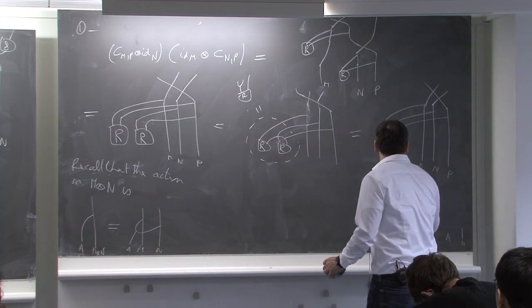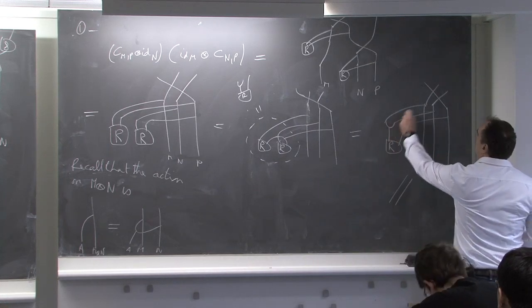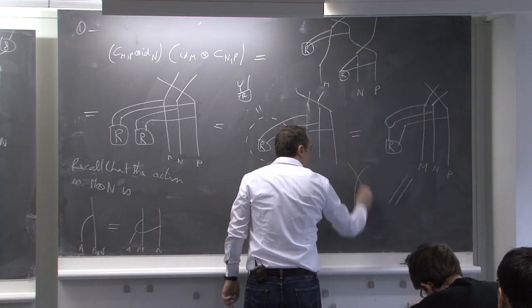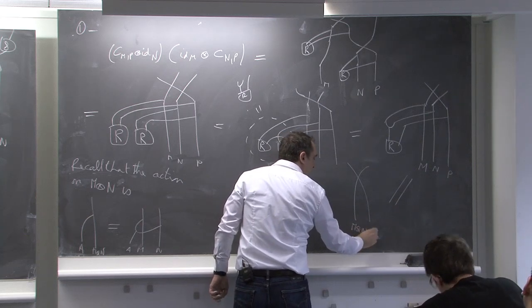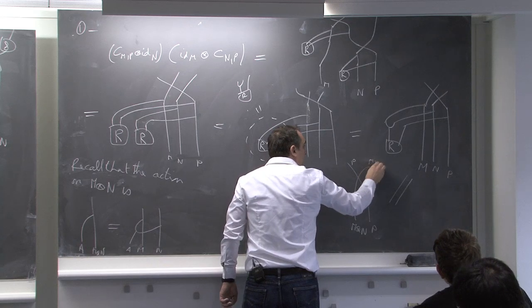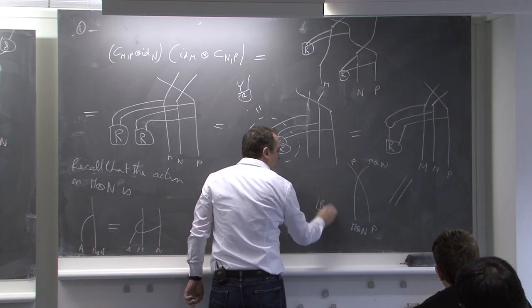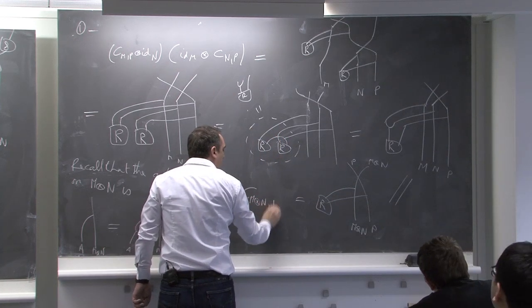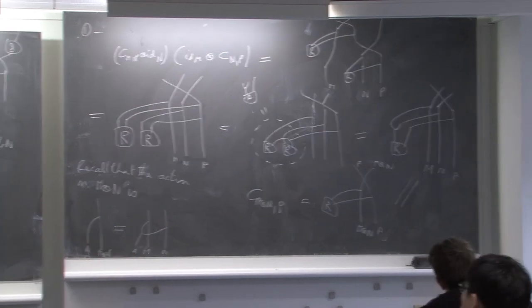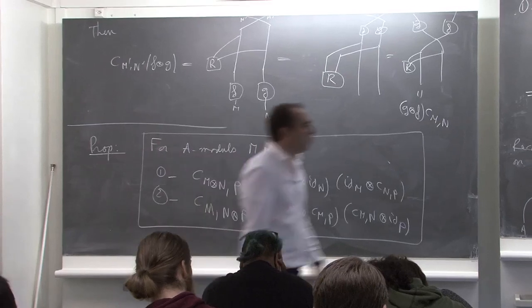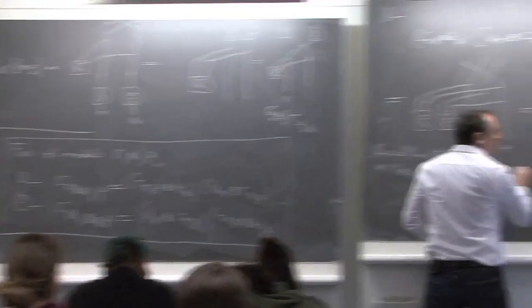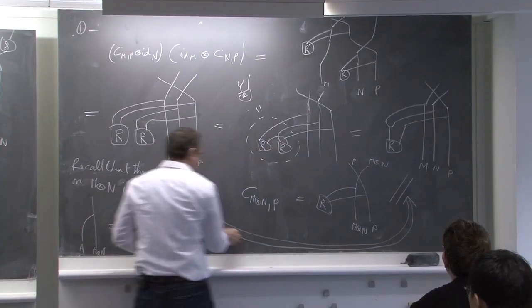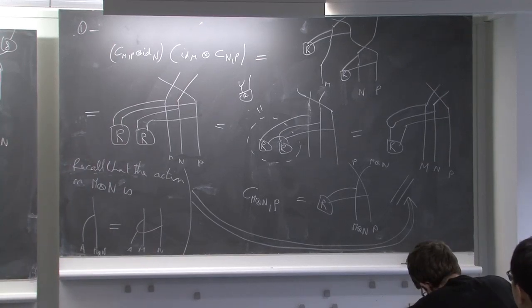And thus this is equal to, we can see the action on M tensor N. Here I put M tensor N, P, and I put R. And this is exactly C_{M⊗N,P}.